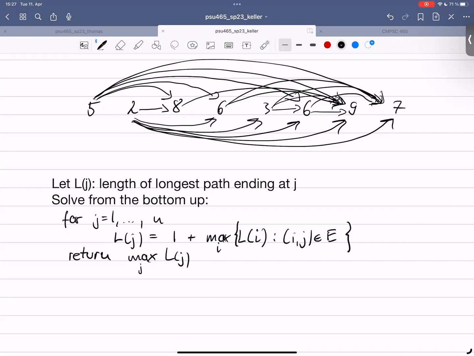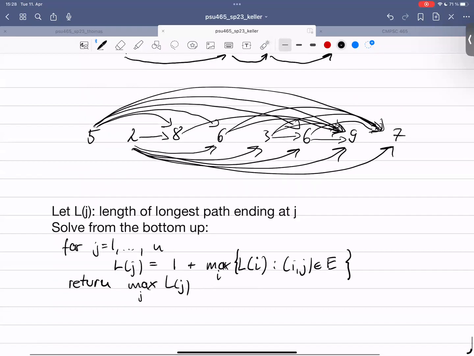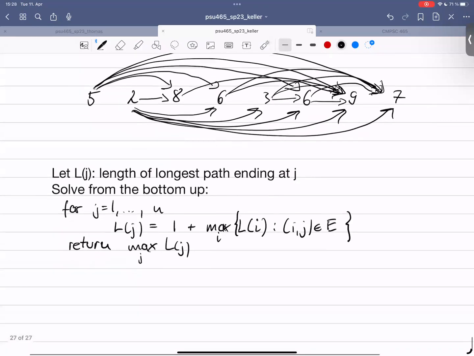So let's conceptualize this graph notion that I have skimmed over. I drew this thing that looked like a graph, but I never really introduced it as a graph.